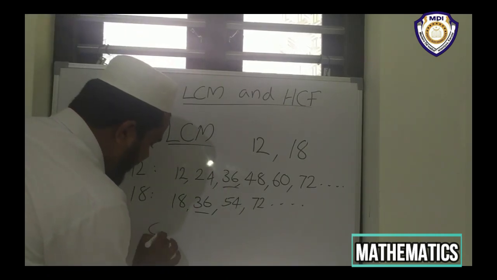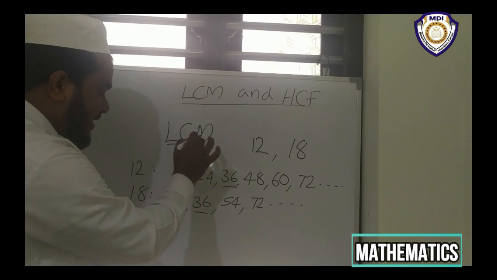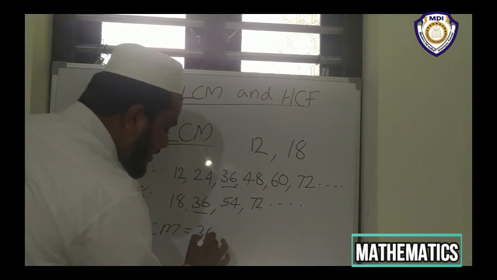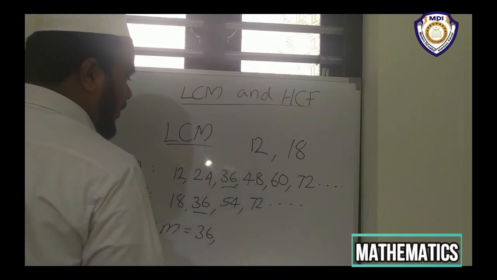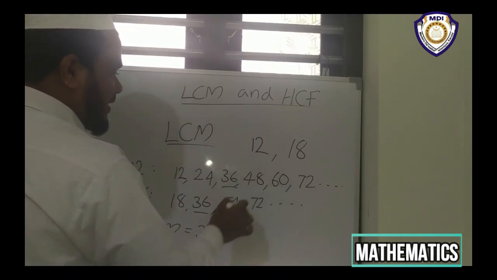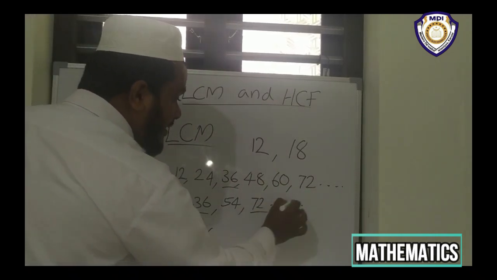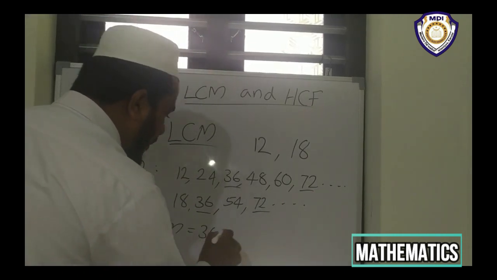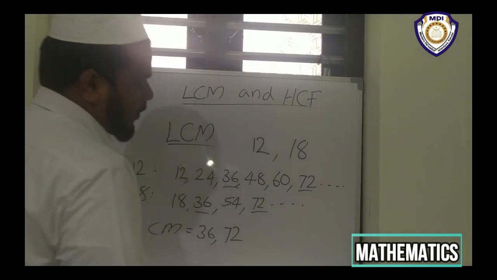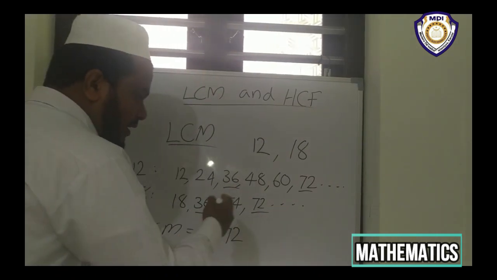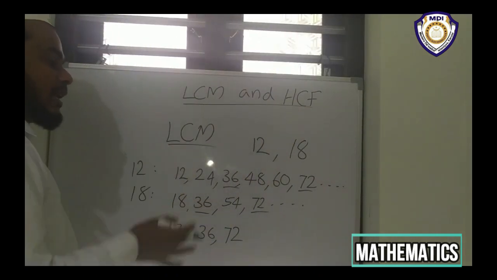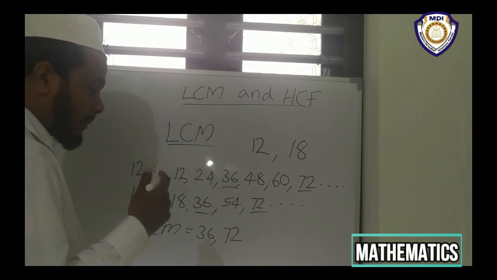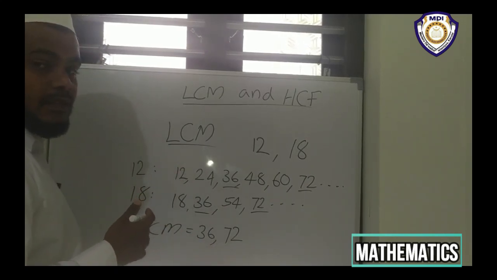Yes, just write common multiple, not LCM but CM. Common multiple 36. Next, 48? No. 60? No. 72? Yes, 72 also is a common multiple. Then if we check the other multiples, we can find more.